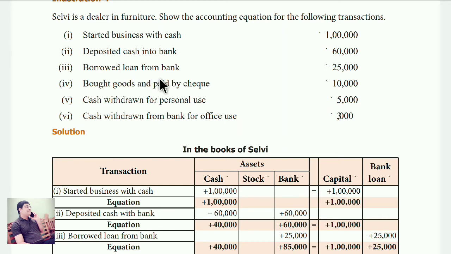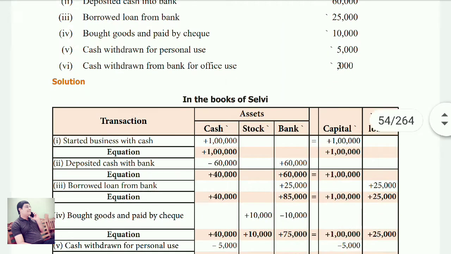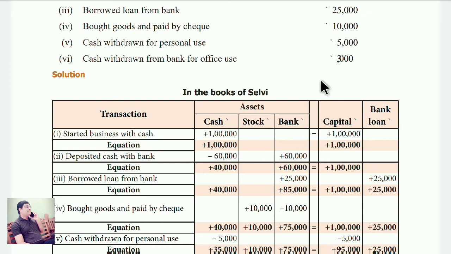Next one, borrowed loan from the bank. Rupees 25,000. So when you borrow loan from the bank for 25,000, write the question as it is, borrowed loan from the bank. When you borrow the money from the bank, then the bank will be plus and bank loan will be plus.